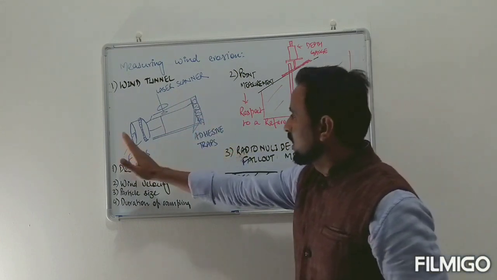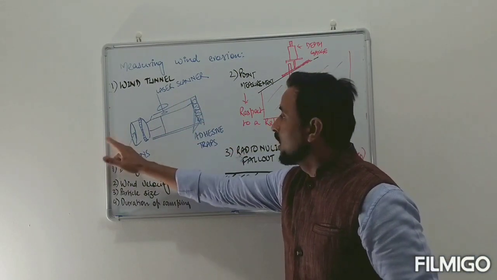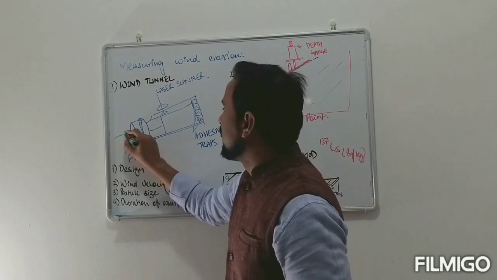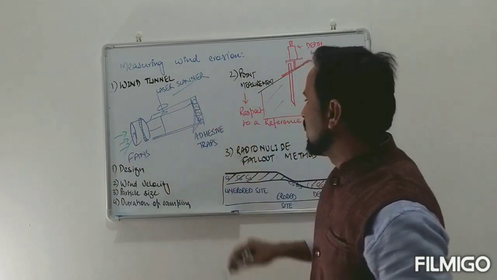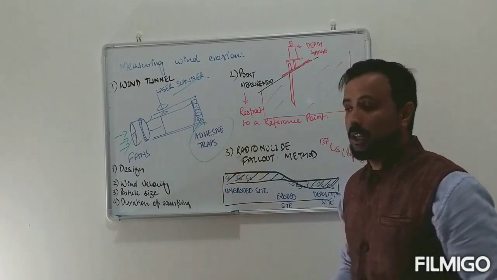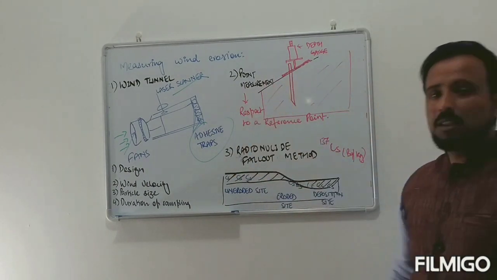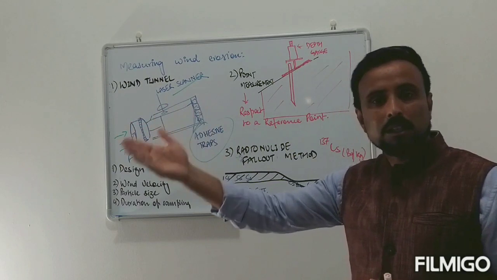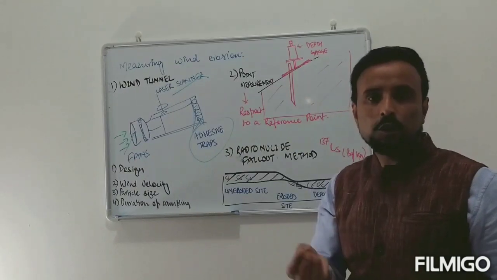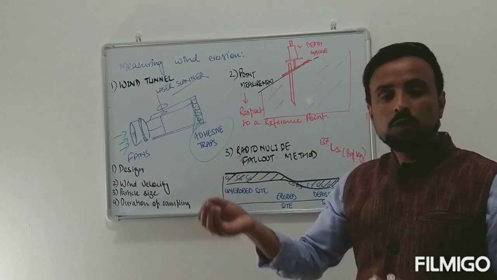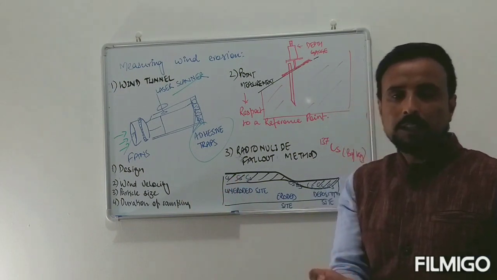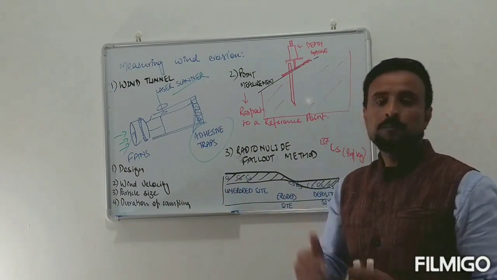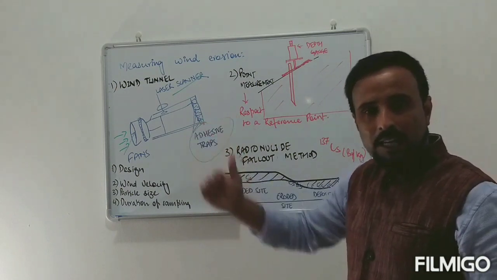It has a source from which the particles enter here, right? Particles enter here. It has a laser scanner and it has adhesive tracks, right? Depending upon which kind of particles you want to study, fine particles or coarse particles, the movement of the particles moving with the wind, the design is different.